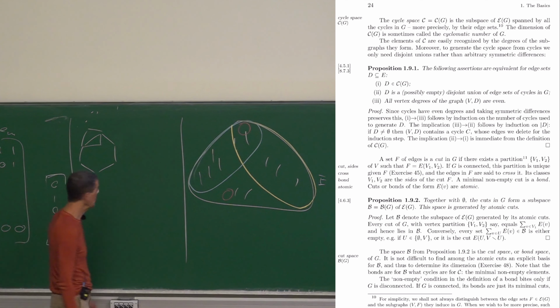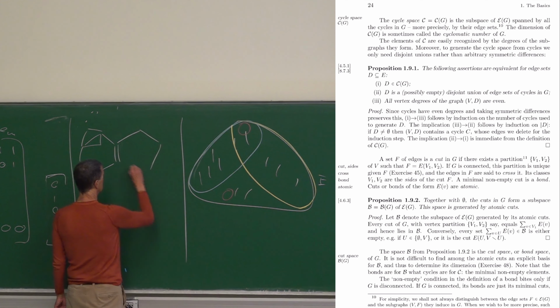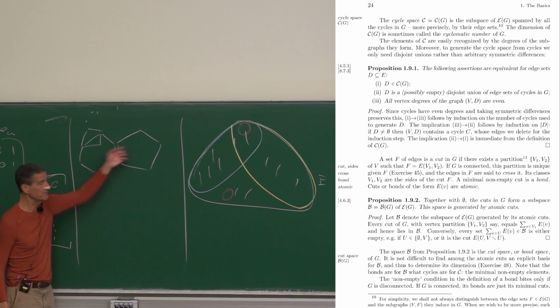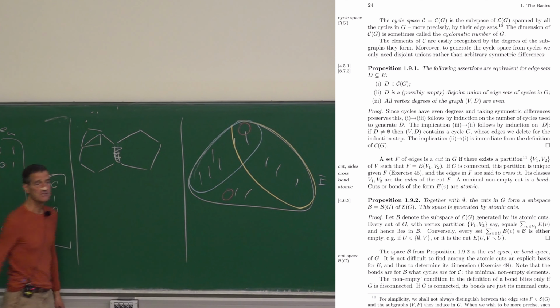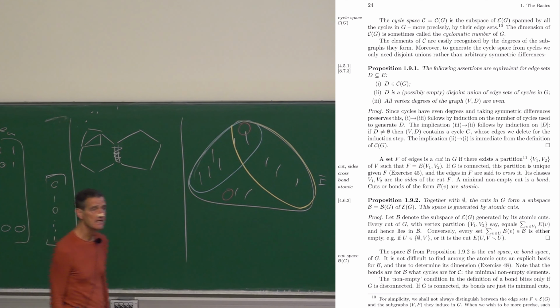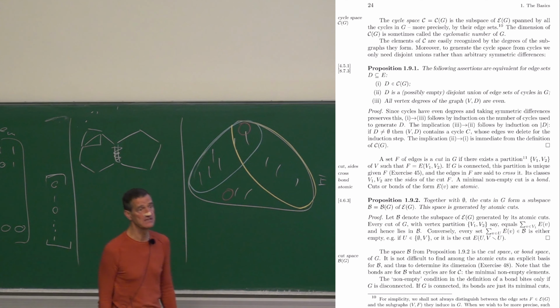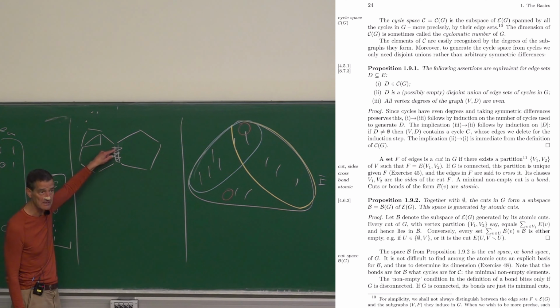And then along comes another one, like this one, and we take the symmetric difference between these two. Well, what happens? We delete this common edge, right? When we do that, we preserve the parity of the degrees because when we have a vertex at which we deleted an edge, well, it was there twice.